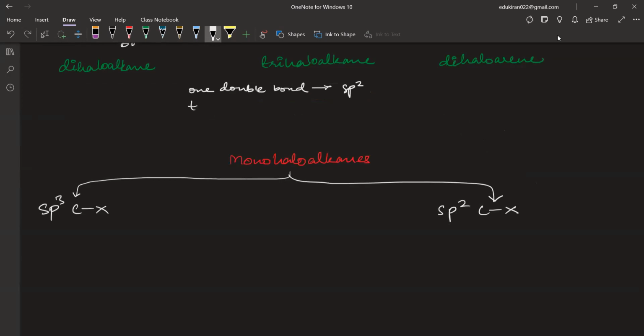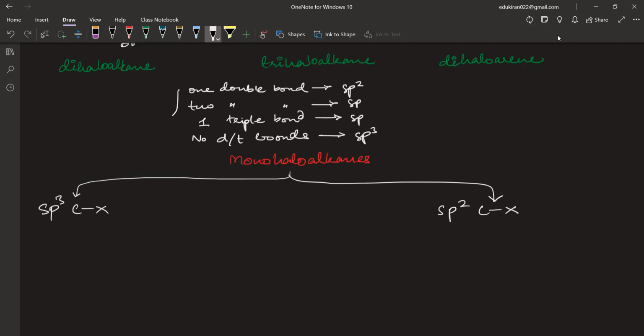If it has two double bonds, it is going to be sp. If it has one triple bond, then also it is going to be sp. And if it has no double or triple bond, then it is going to be sp3. Is it clear to everyone? Yes or no? Please tell me.